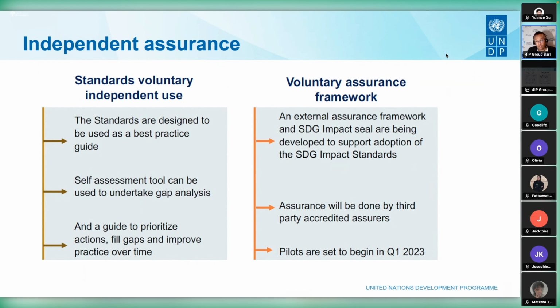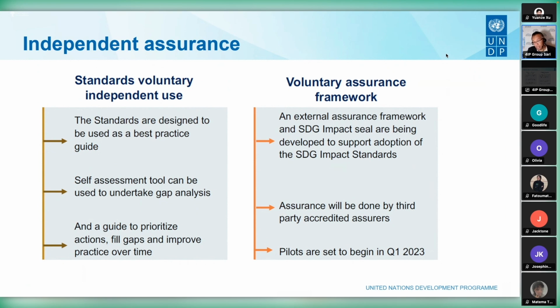So an external assurance framework and the so-called SDG Impact Seal that you will get is really developed to support the adoption of the SDG Impact Standards. The assurance will be done by third-party accredited assurers.